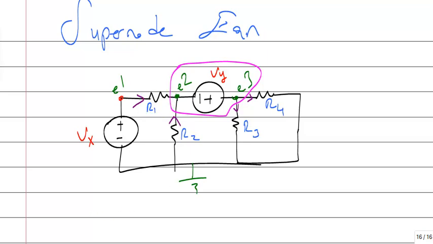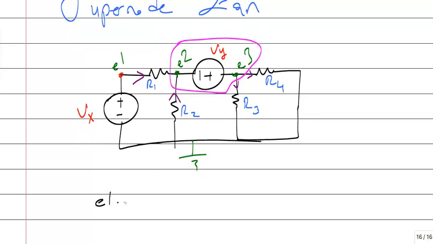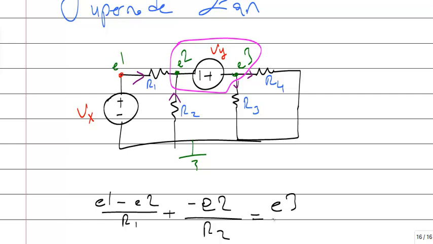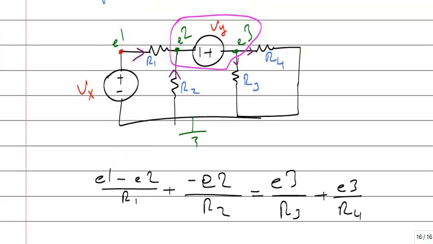Current E1 minus E2 divided by R1 plus, what is this current? 0 minus E2 divided by R2 is equal to this current, help me please, E3 divided by R3 plus this current, E3 divided by R4. Okay, only one equation, and the other equation comes from the supernode equation.